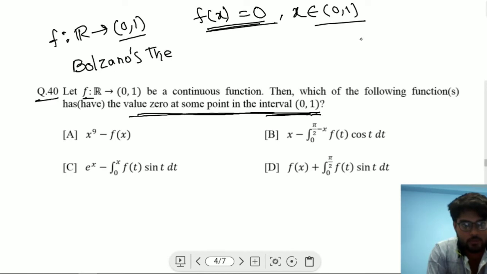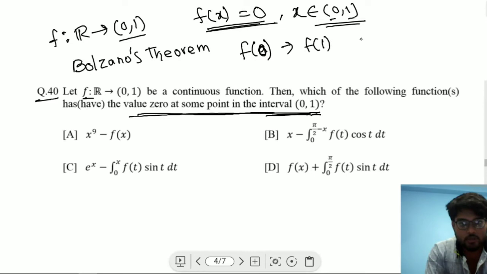it states that if a continuous function has a root in an interval, then the sign will change at the endpoints. The sign will be opposite. So we'll check the sign of f(0), and again we'll check the sign of f(1).